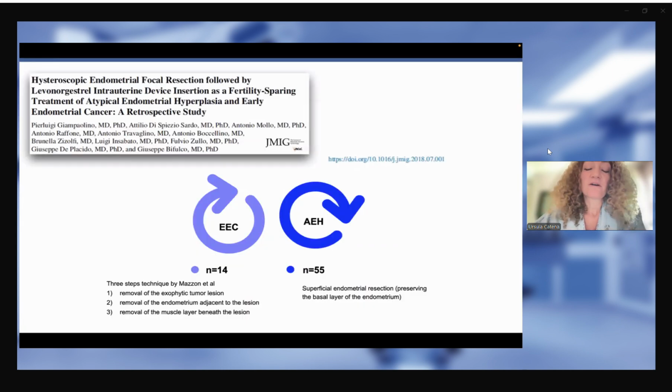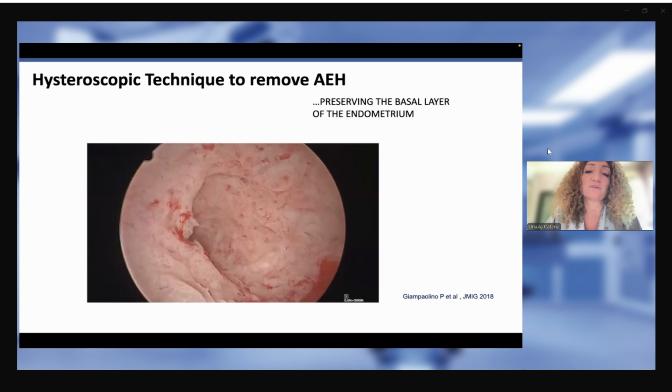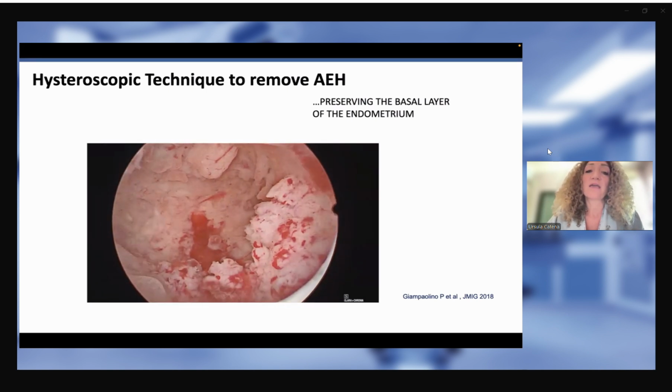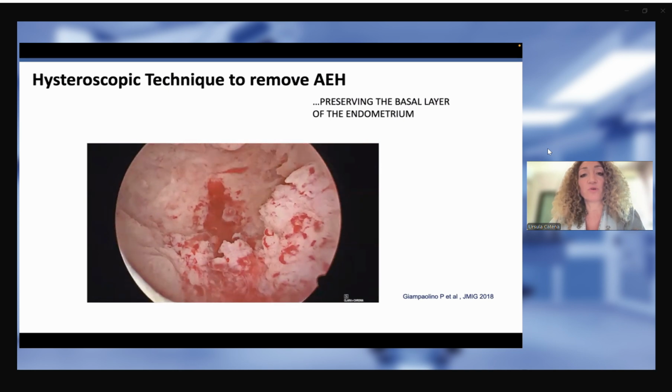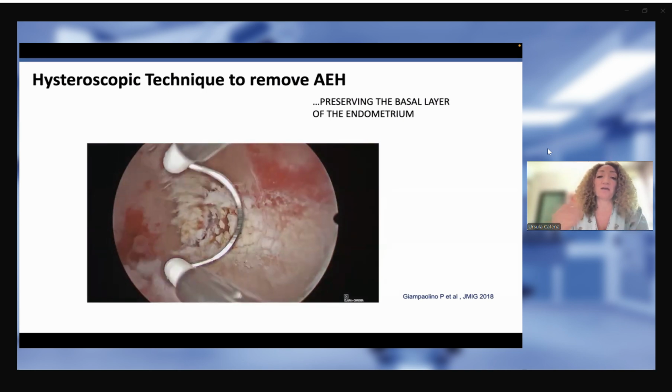This is another paper published some years ago from the group of Attilio. It was surely interesting for the data, but the more interesting thing was that for the first time, Attilio and his group described this technique in which we start to remove atypical endometrial hyperplasia, preserving the basal layer of the endometrium.